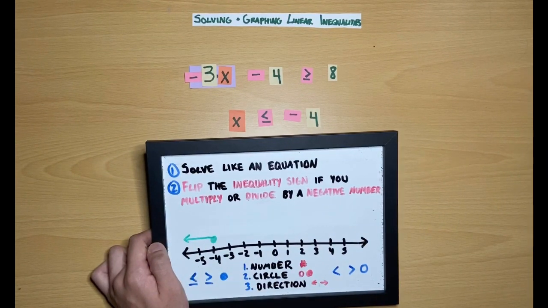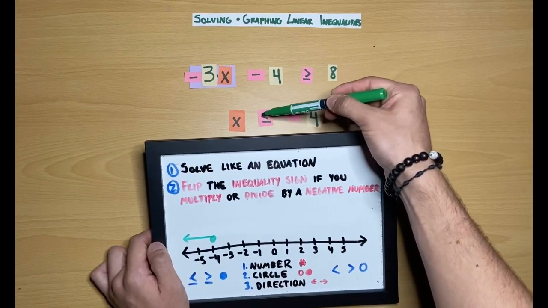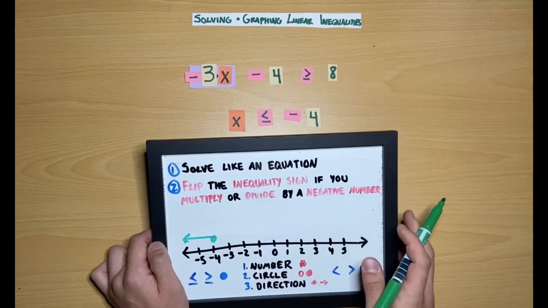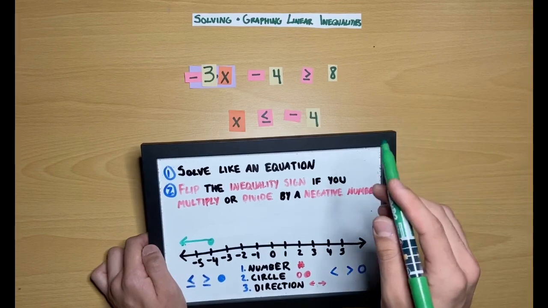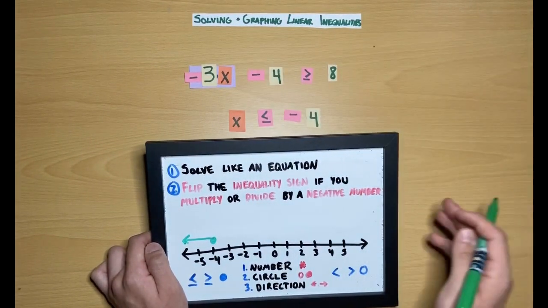So our arrow will go that way. And again, if you notice, this symbol matches this arrow. It's the same way. A neat little trick. And that again only works if the variable is on the left side.